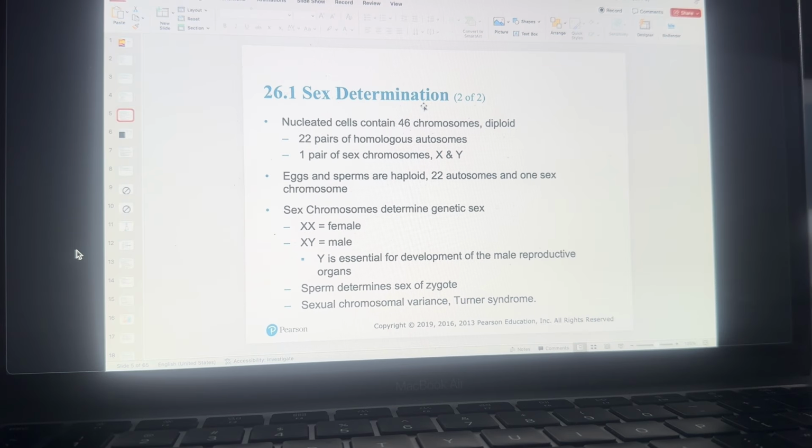The eggs and the sperm are haploid, meaning they have half the chromosomes. 22 of those chromosomes are called autosomes because they have the instructions to make everything else except sexual characteristics. And then one of those chromosomes is going to be the sex chromosome, okay? Typically, we have a chromosomal arrangement that determines genetic sex as either XX for female or XY for male. The Y chromosome is essential to make a male, to make male reproductive organs, okay?